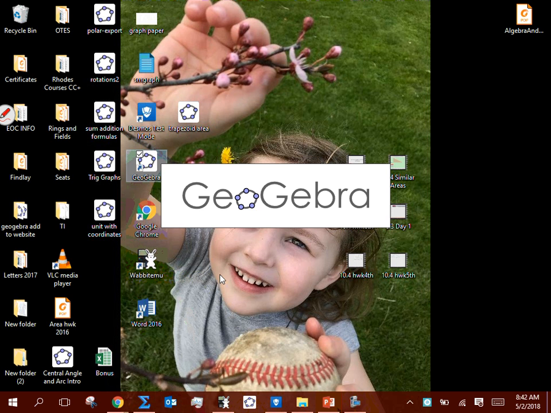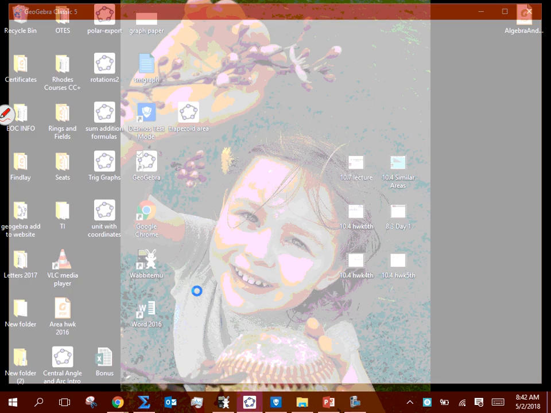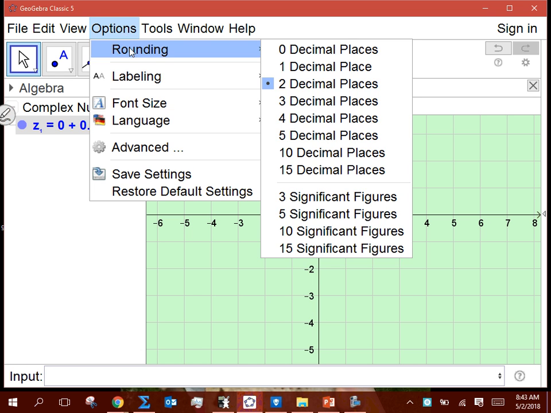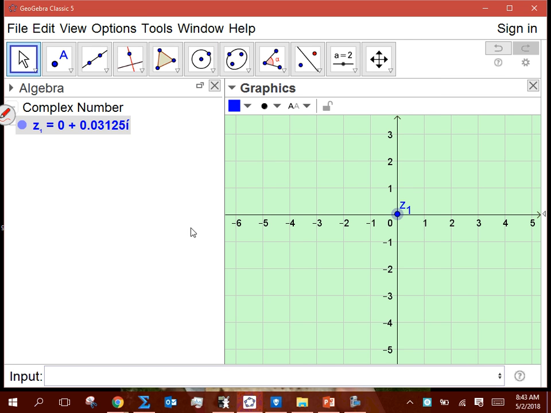What I'm going to do here is just use GeoGebra to see if that makes sense. We had 1/2 plus 1/2 i, right? And we raise that to the 10th power. Gives me that number right there. And if I go out, see the rounding here. Gives me that, which is the same thing as 1 over 32 times i. Does that make sense?